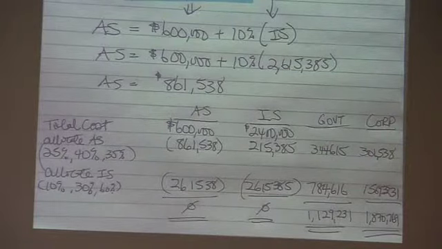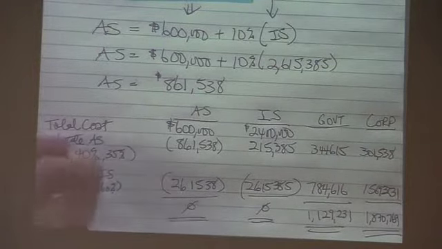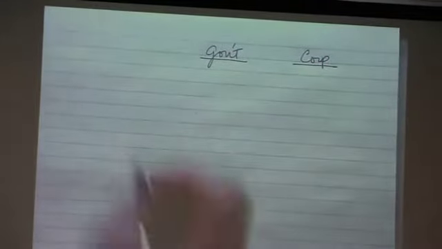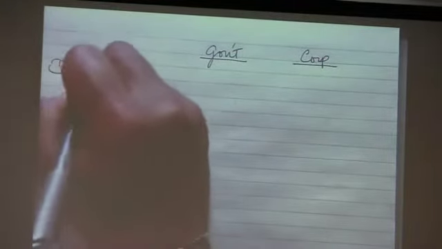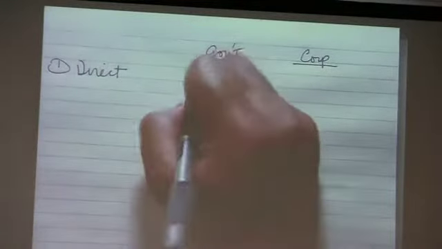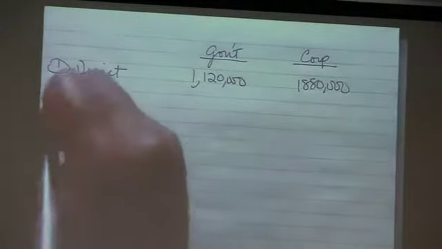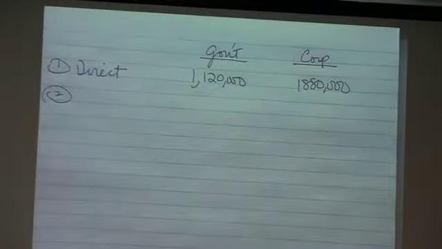Okay, so let's answer the second part. The second part asks us to compare not only the first three methods that we did, but to include the reciprocal method. So let's take a look. Government and corporate. Remember when we did the direct method, the value that we got was 1,120,000. Now we did two step downs.